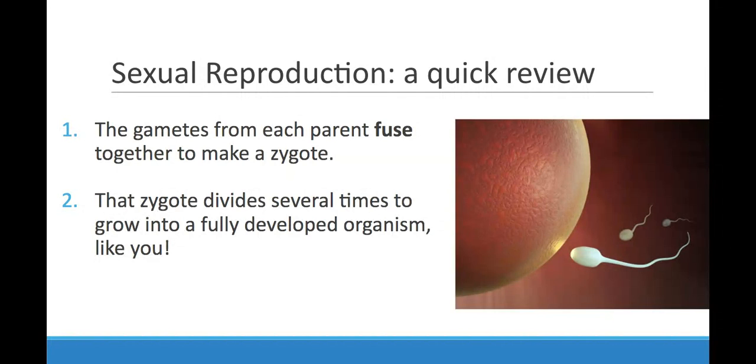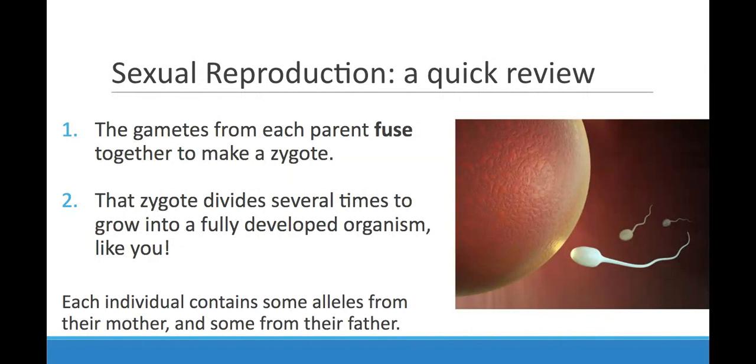And when we put the sex cells together, we get a zygote that has two alleles for every gene. So each individual is going to get one allele for each gene from mom and one allele for each gene from dad. And then you'll have the full two alleles per gene.